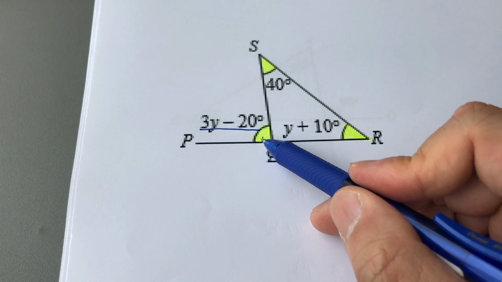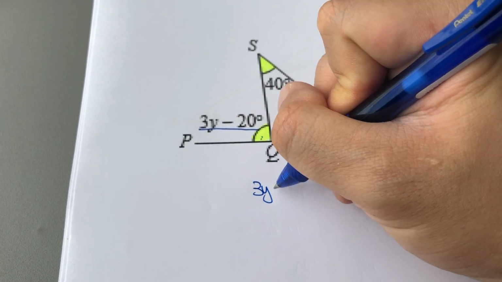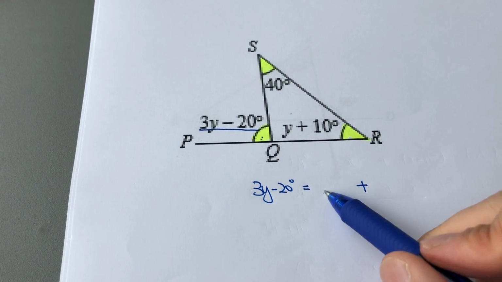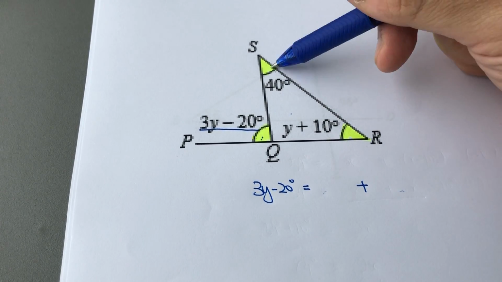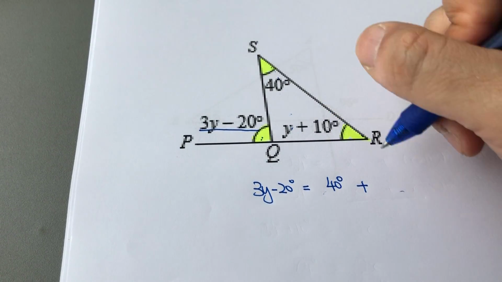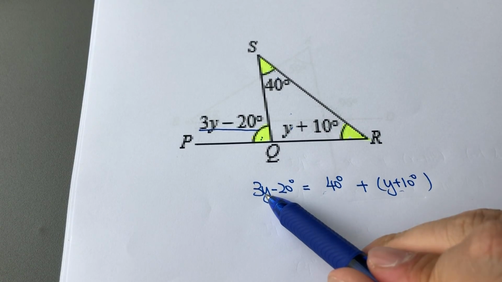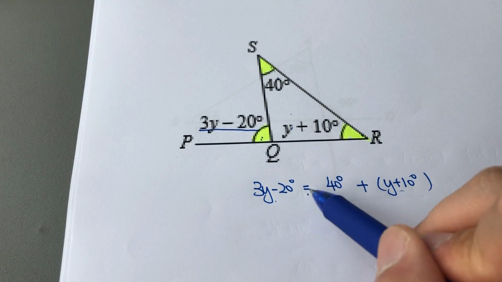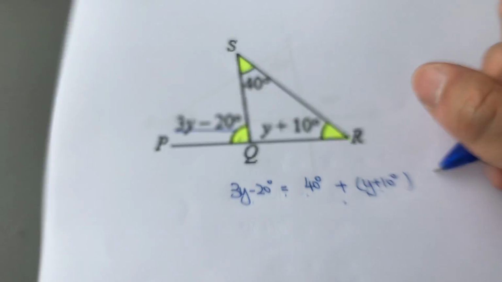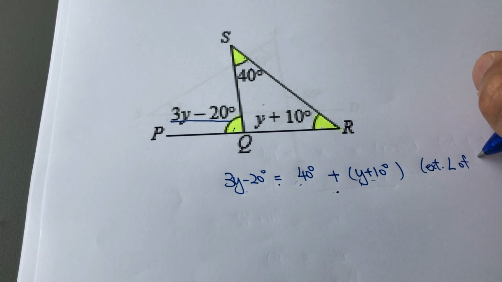Yes, this one is the one outside of the triangle, exterior. So the exterior angle 3y minus 20 degrees must be equal to the sum of the two interior angles, which are 40 degrees and y plus 10 degrees. Okay, exterior angle equals the sum of the two interior angles. The reason is exterior angle of triangle.